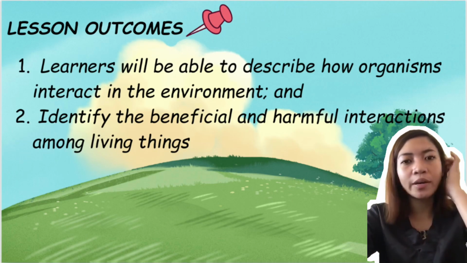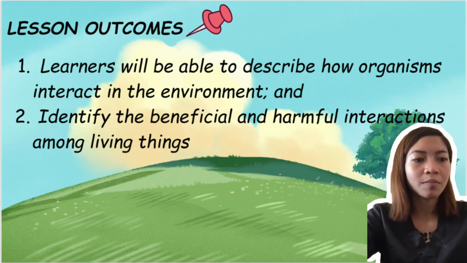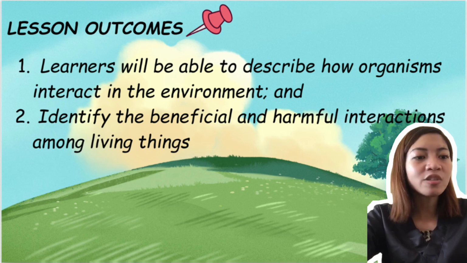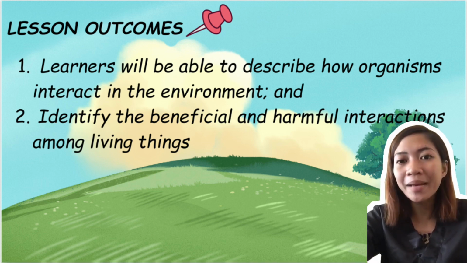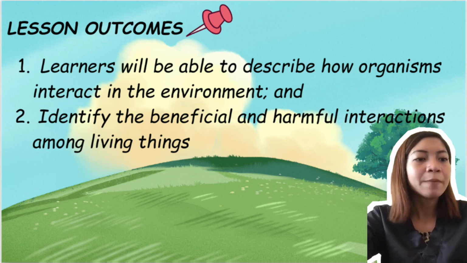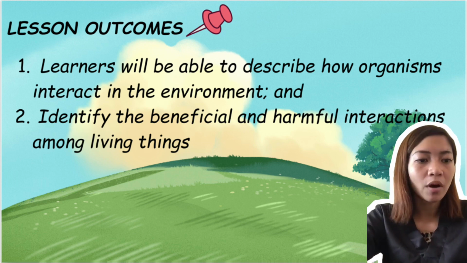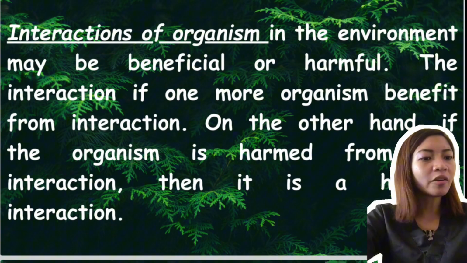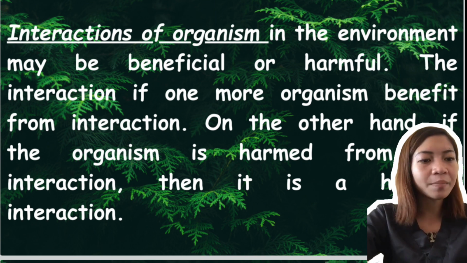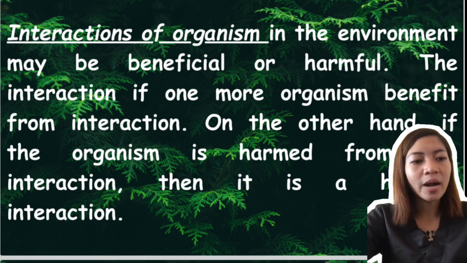So here are our lesson outcomes. First, learners will be able to describe how organisms interact in the environment, and second, identify the beneficial and harmful interactions among living things. So, what is interaction, by the way? Interaction of organisms in the environment may be beneficial or harmful. The interaction is beneficial if one or more organisms benefit from it.